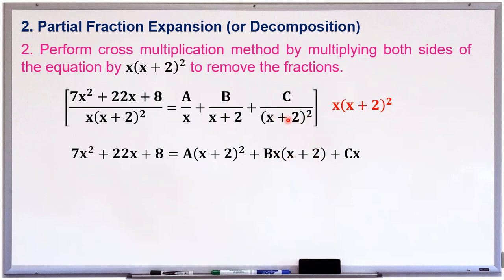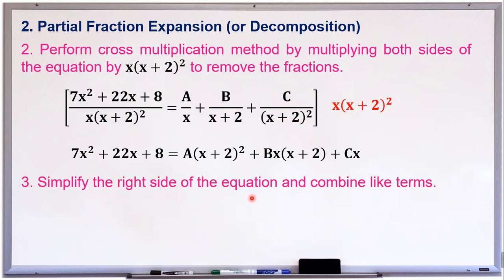The next step is to simplify the right side of the equation. We're going to focus our simplification on the right side, right here, and then combine like terms. So for A times (x plus 2) squared, we're going to expand this binomial. So we have A times (x squared plus 4x plus 4).